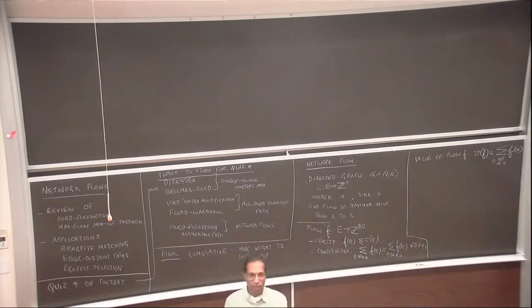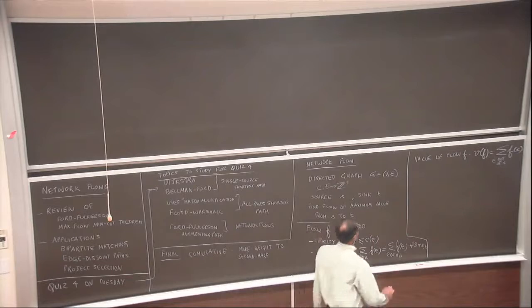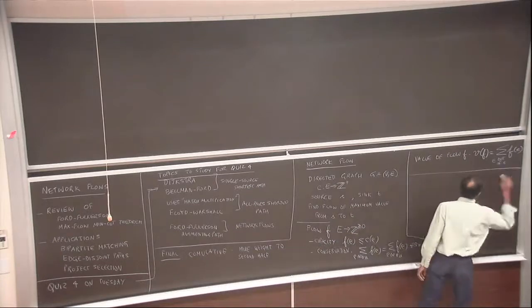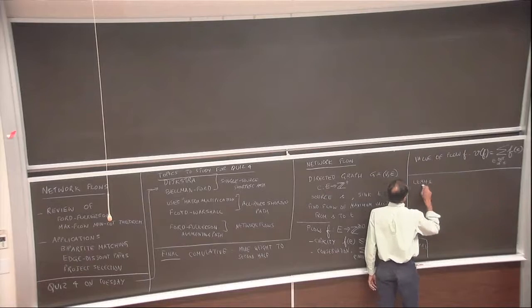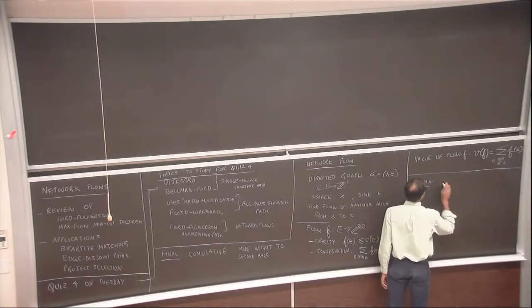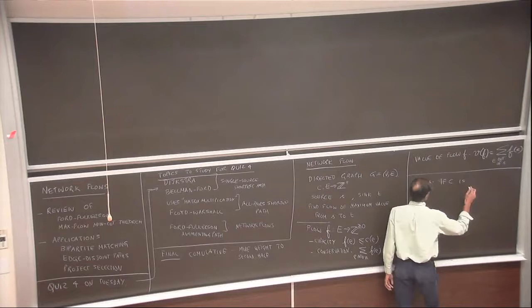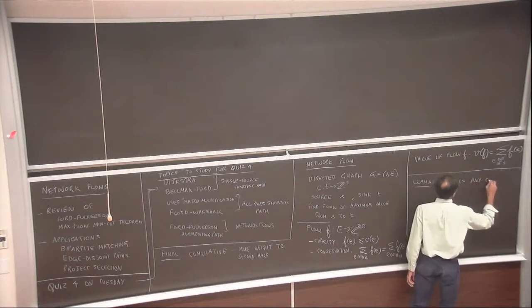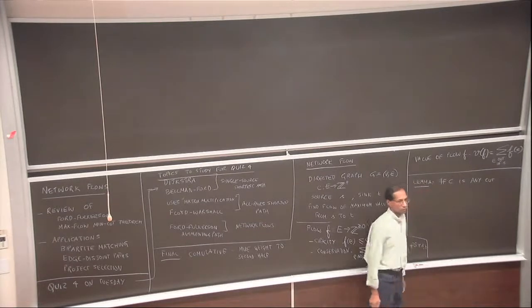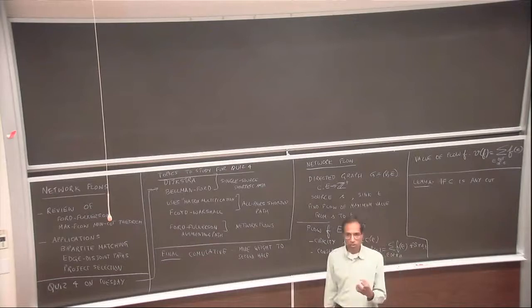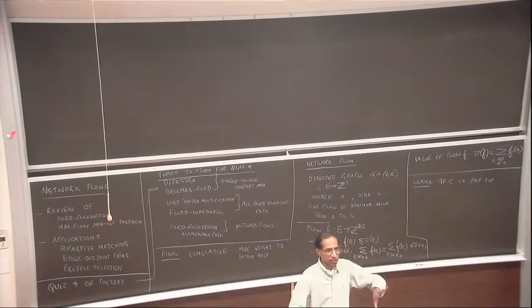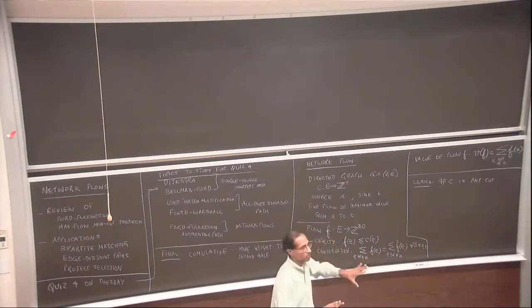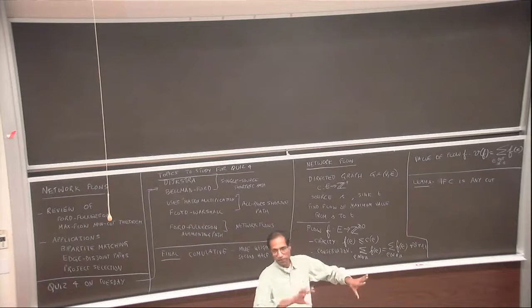We made several observations, and we proved some of them. So we observed that if you look at any cut, and whenever we talk about a cut, we talk about a cut with S on one side and T on the other side. Remember, a cut in a network flow problem should have S on one side and T on the other.